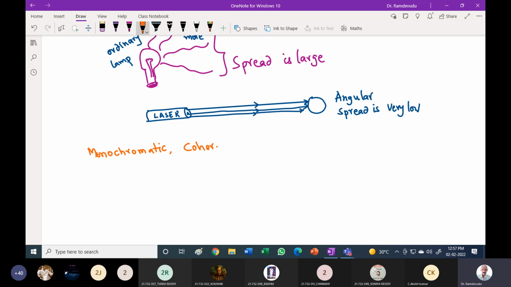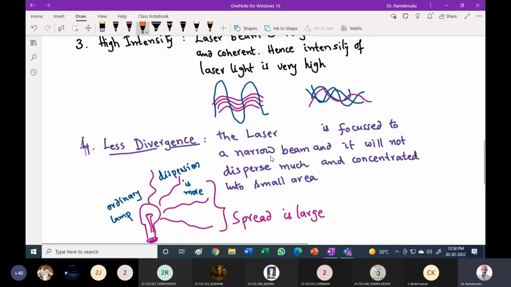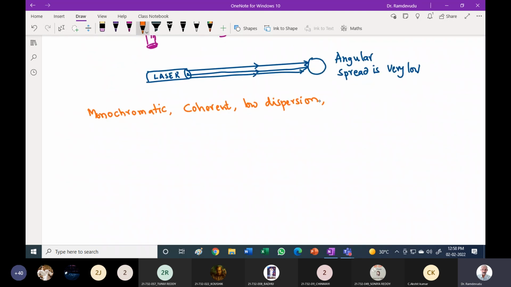They show coherency, highly coherent, and they have low dispersion, and we also add the third one as high intensity. These are the important characteristics or properties of laser light.